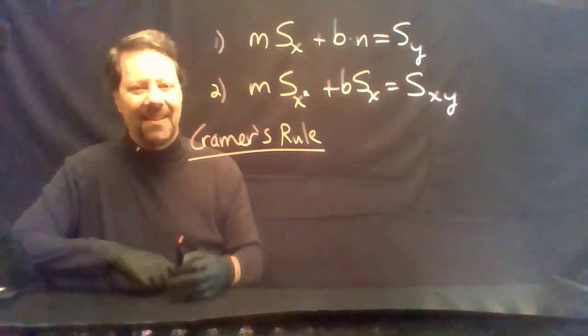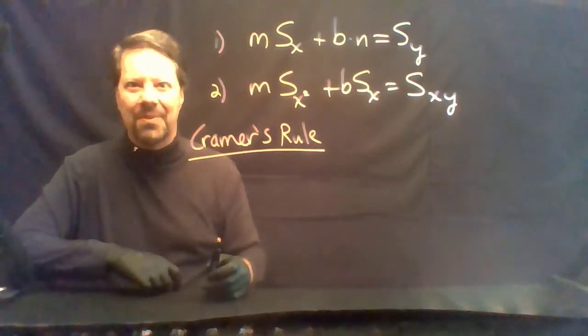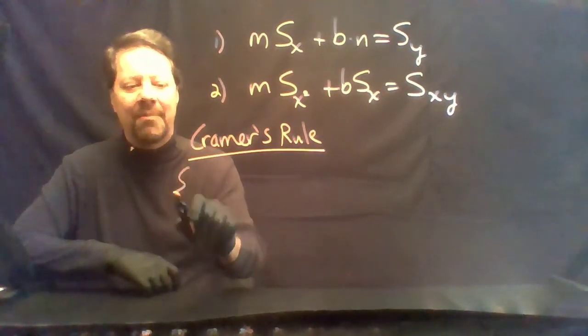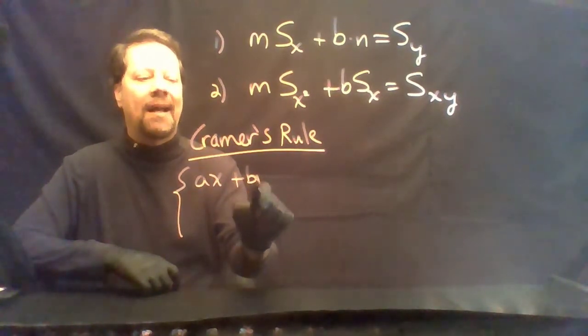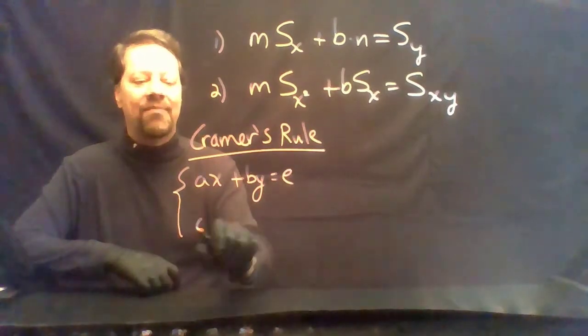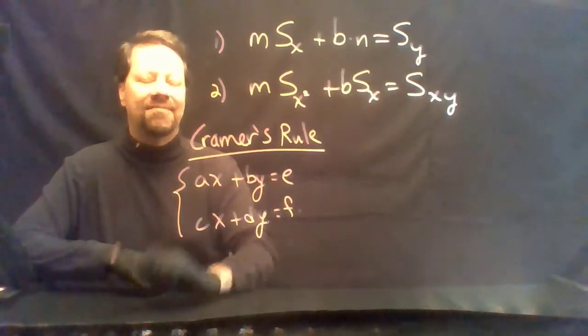Now, I'm presuming that a good number of you don't remember Cramer's rule, so I'm going to bring this back to your memory. Suppose we have the equations ax plus by equals e, cx plus dy equals f.